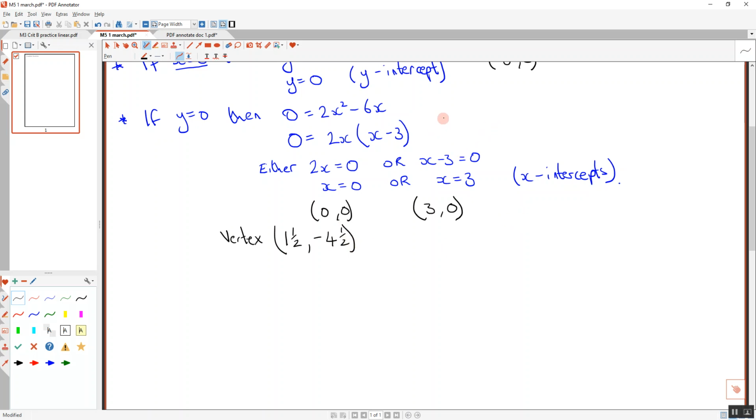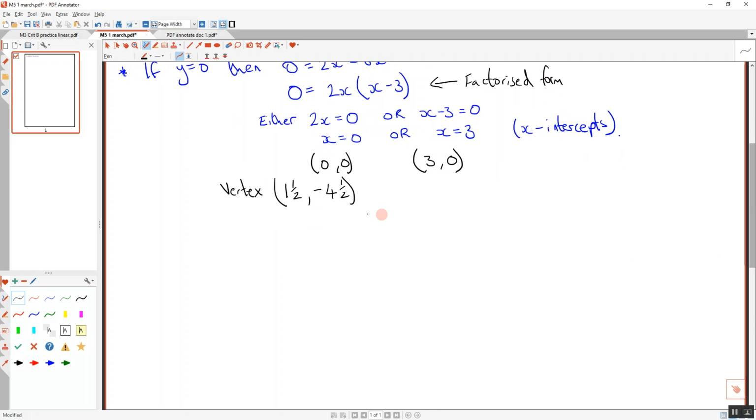Now, this form is called the factorized form. If I couldn't factorize, what could I do? I could use the quadratic formula. So we're going to do that quickly as well, and then we're going to do it another way. Now, do you need to remember the quadratic formula?